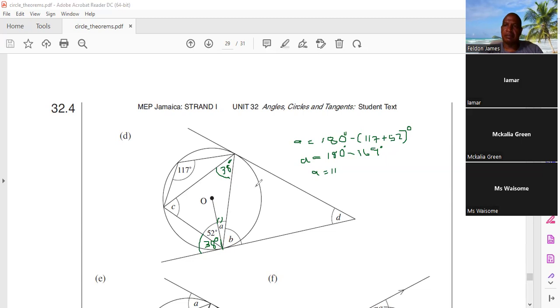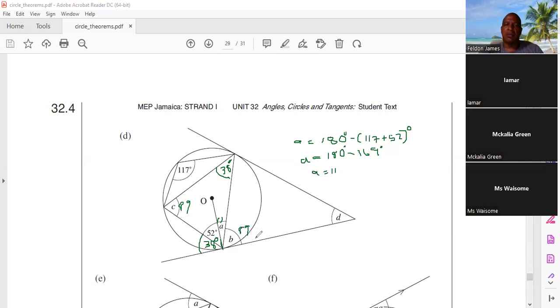That correct? Could you guys check that for me? And 91 from 180 would give you 89. Check it quickly, guys. Anybody checking? 89, sir. So C is 89. That means B is also 89.